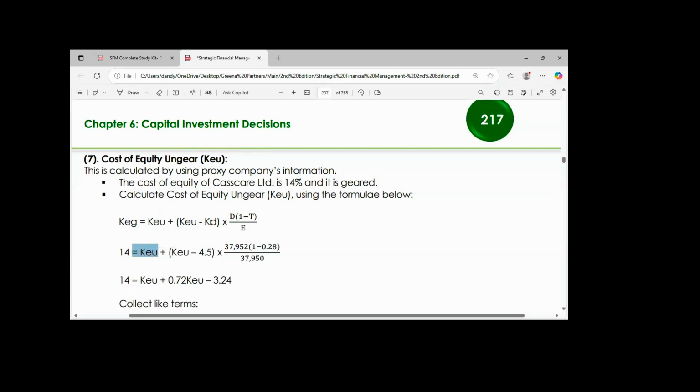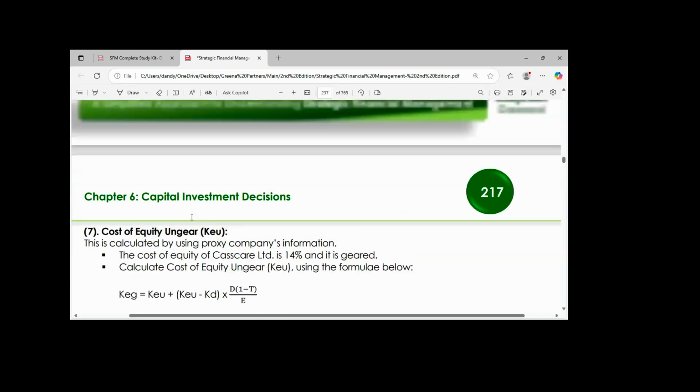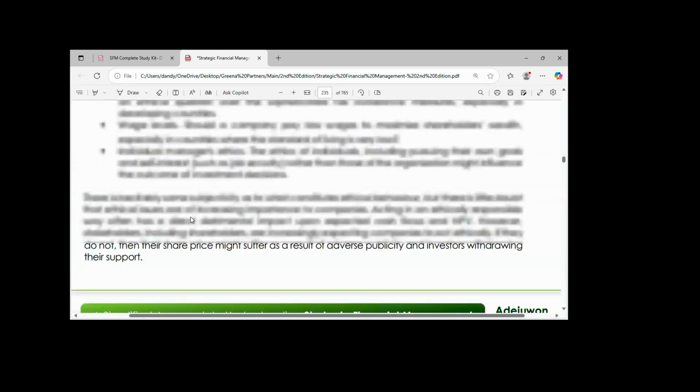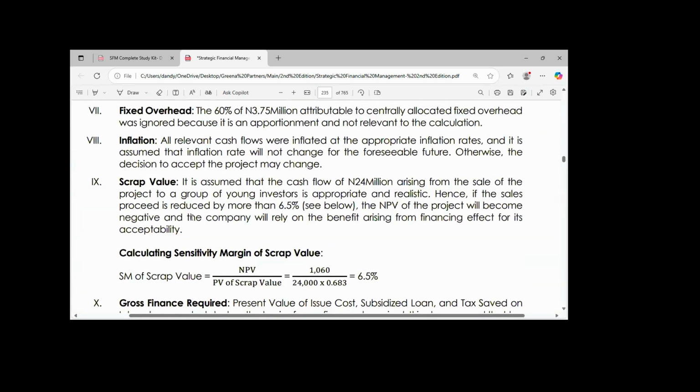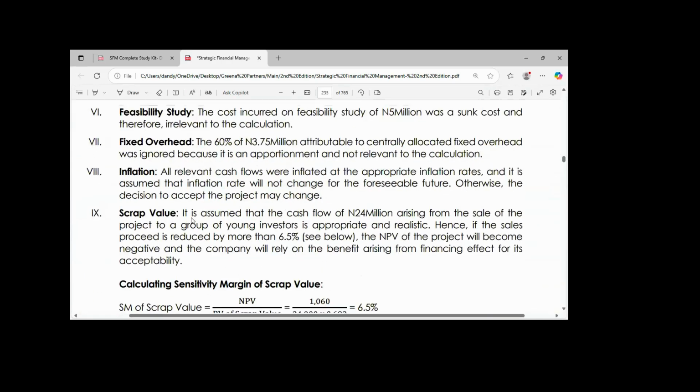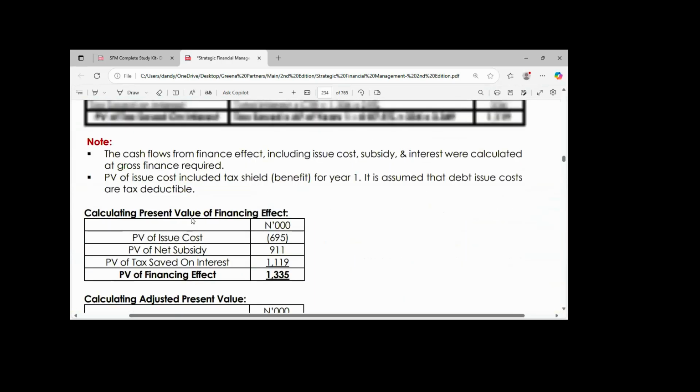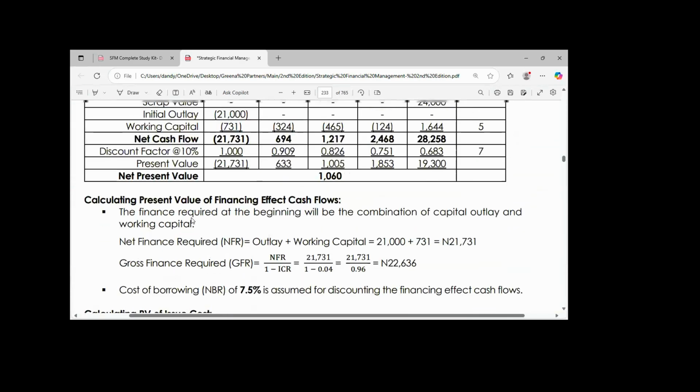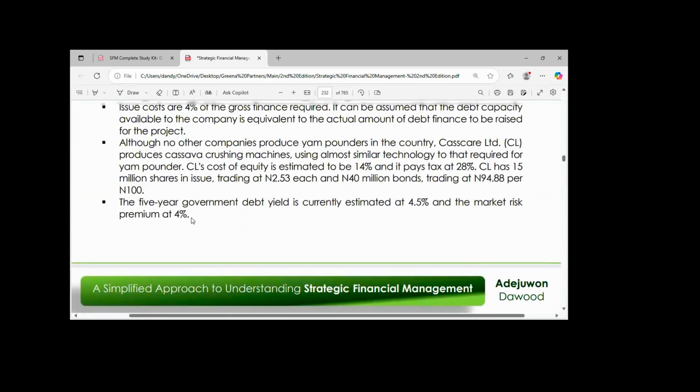Then the KD is the cost of debt. According to the question, you go back to where you have information of a proxy company. You are told that CL has 15 million shares in issue, trading at 2.53.